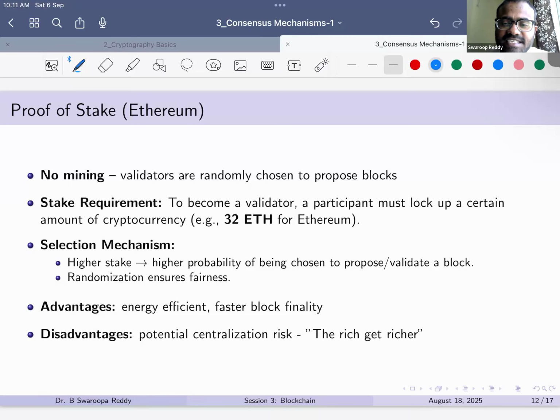The major disadvantage is centralization risk. For example, if Arno has more money, he can deposit more ETH.